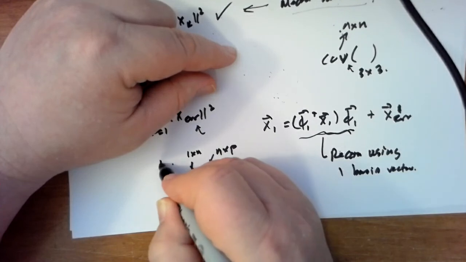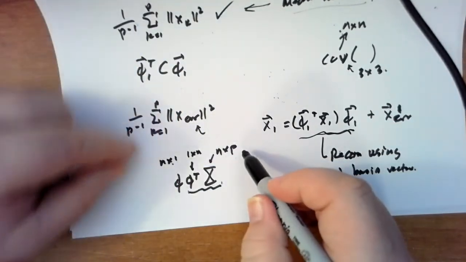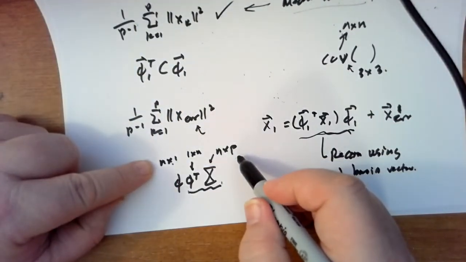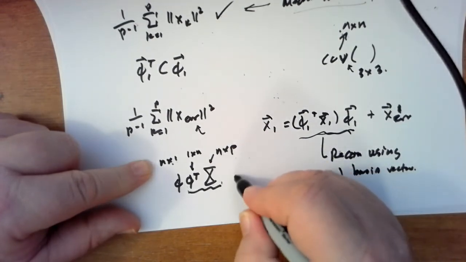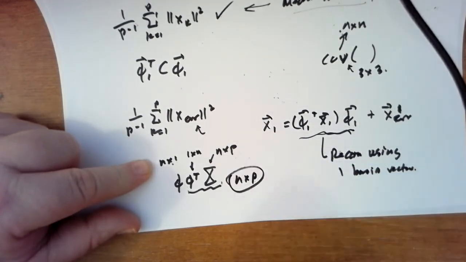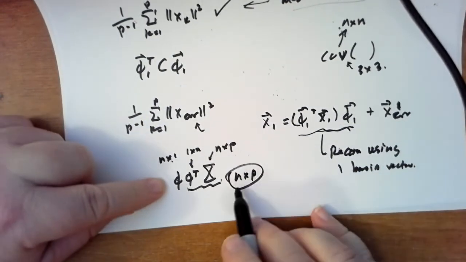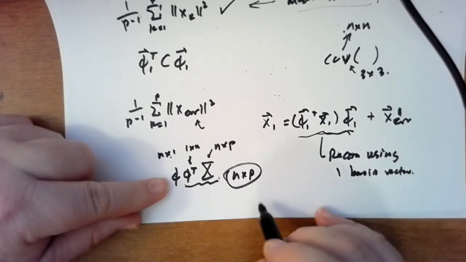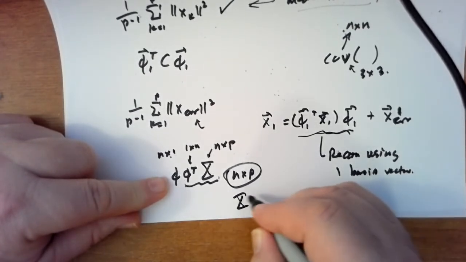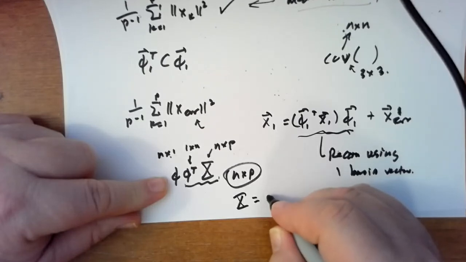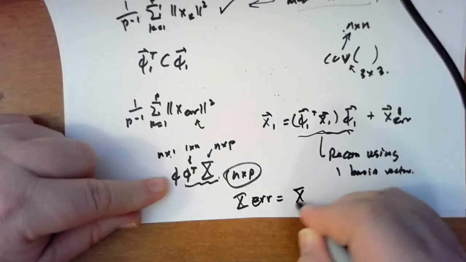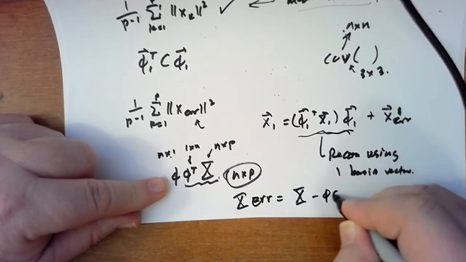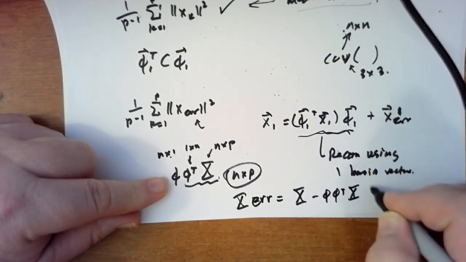And then this would be n by 1. And so the result is n by p, right? Yes. Good. And so what is the matrix that contains the error? The matrix that contains the error is going to be x error equals x minus phi transpose times x.